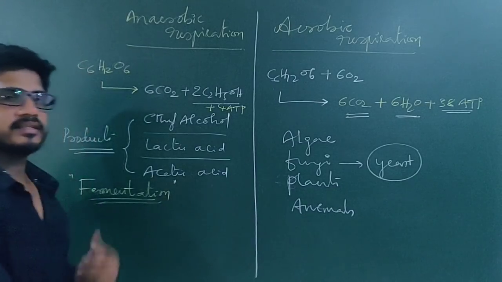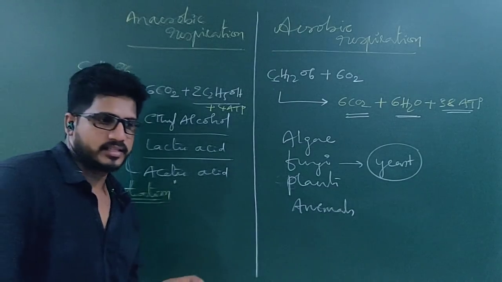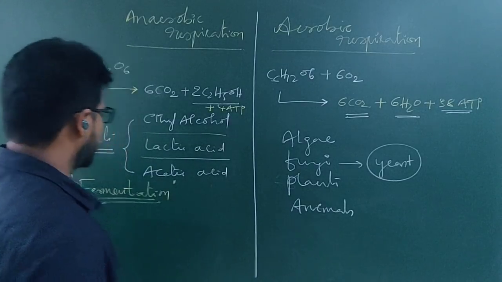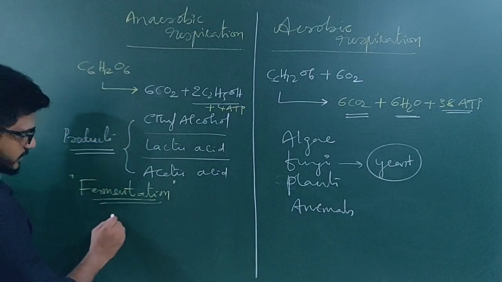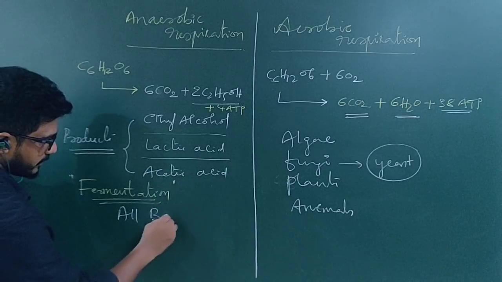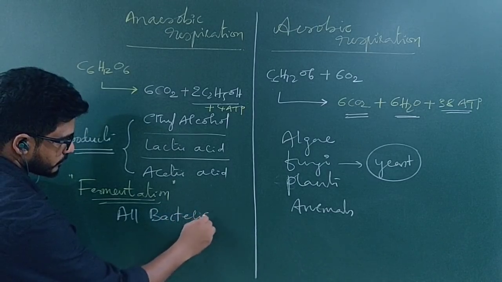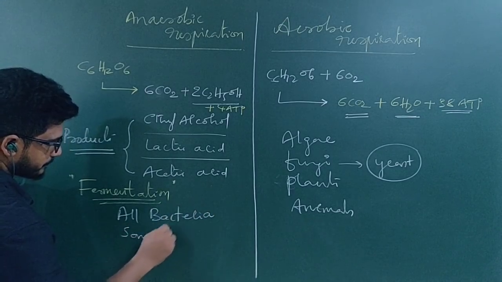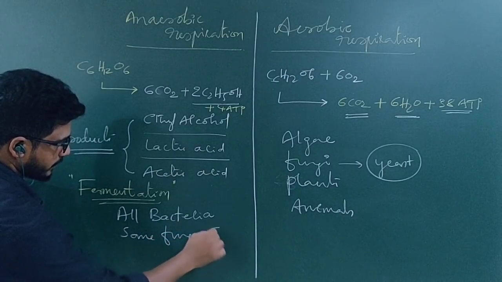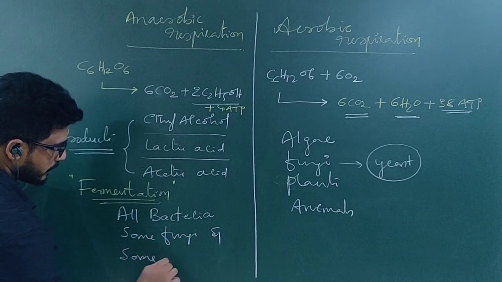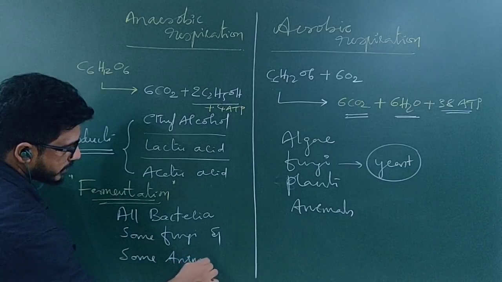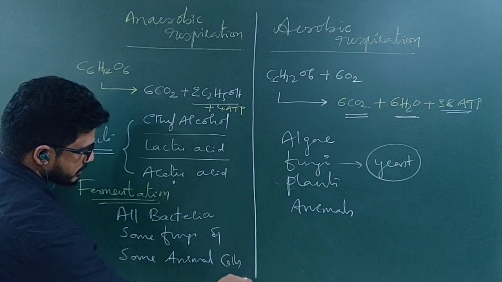The product is somewhat a baker's product; in bakeries they use it. That is the fermentation method. Whereas anaerobic respiration occurs in all bacteria, some fungi and some animal cells, not animals, okay? Animal cells are doing this.